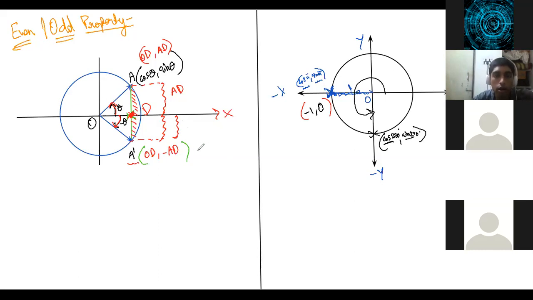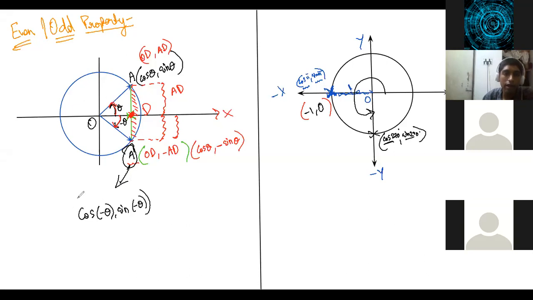Now from our knowledge, we know that OD is nothing but cos theta, and AD is nothing but sin theta. So this is minus sin theta. Now we are going to come to a very important conclusion. The conclusion is, if this is angle minus theta, then using the unit circle property, this coordinate should be cos of minus theta and sine of minus theta.